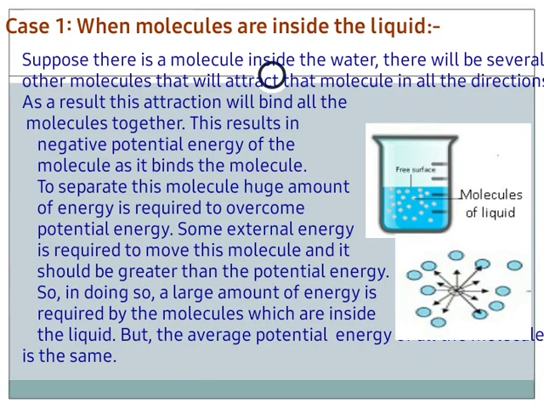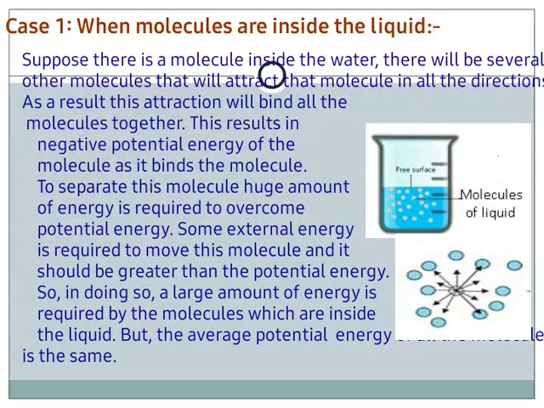Some external energy is required to move this molecule and it should be greater than the potential energy. So, it is an understandable fact that a large amount of energy is required for the molecules which are inside the liquid for their removal.